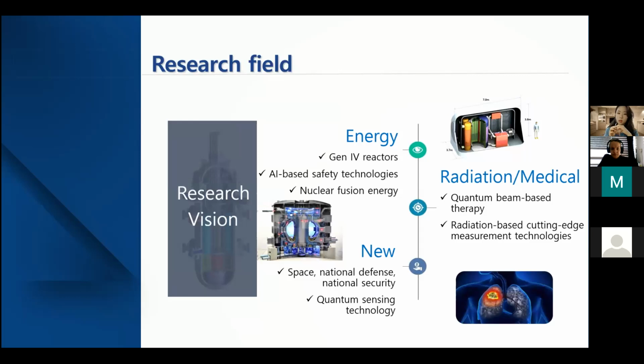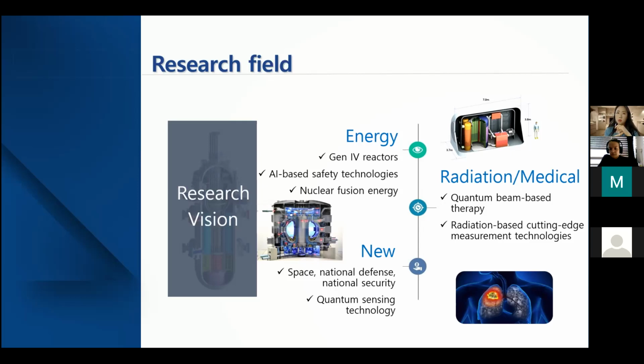And lastly, what we envision to do in the future, there are several topics that are underway. So we have energy generation for reactors, and we are trying to combine AI with safety technologies. And we are also working on fusion energy. And for the radiation and medical engineering part, we are trying to develop quantum beam based therapy and measurement technologies.